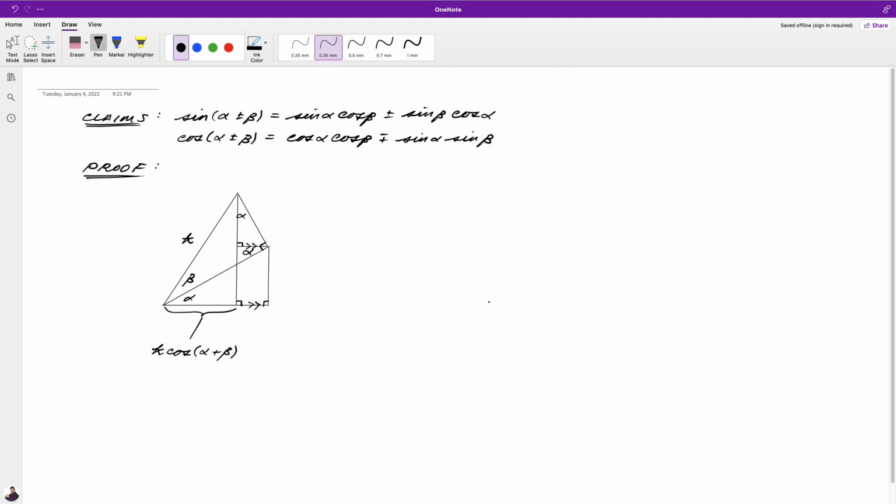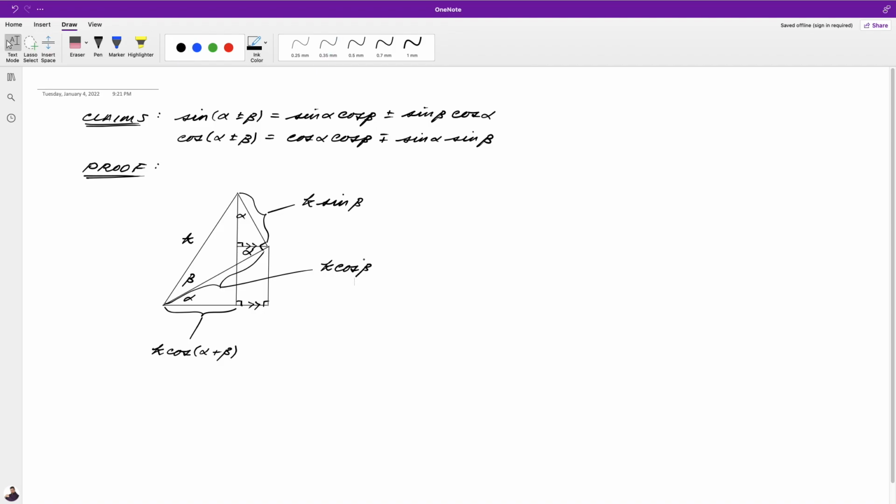Okay, now this right here is going to be K times the sine of beta. Okay, good. And then this right here is K times the cosine of beta. So let's establish that. K times the cosine of beta.